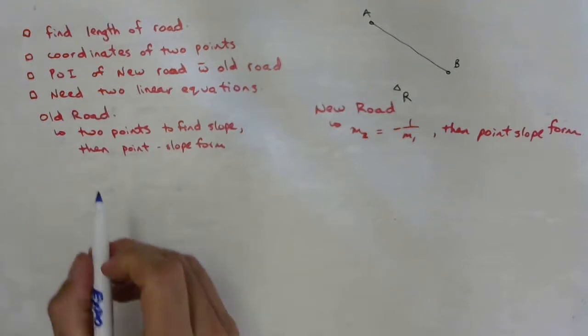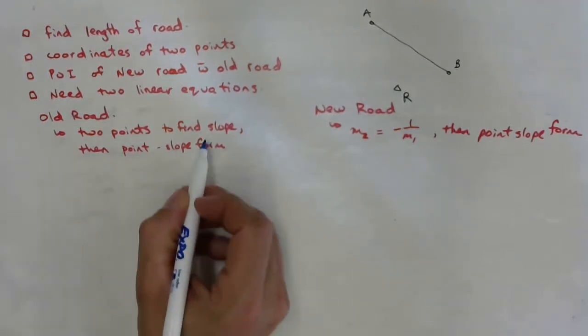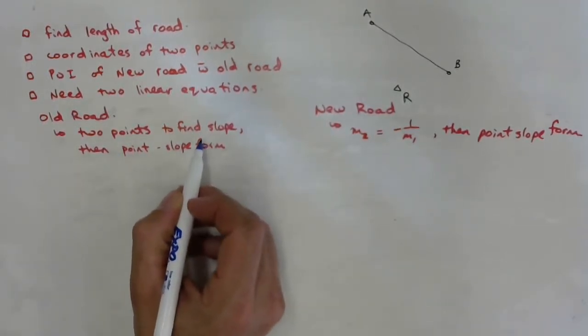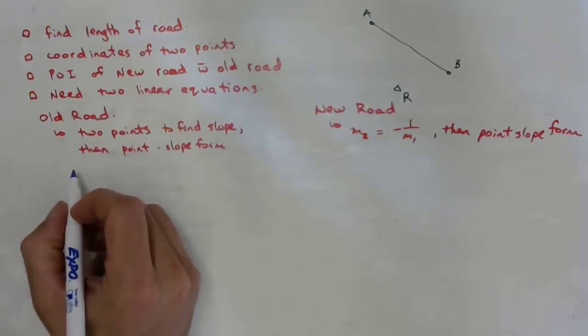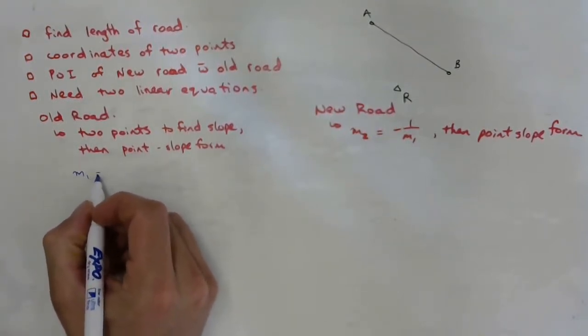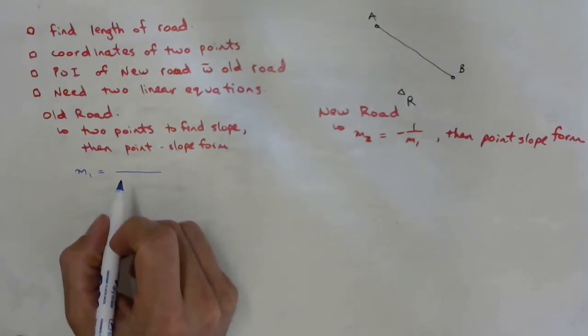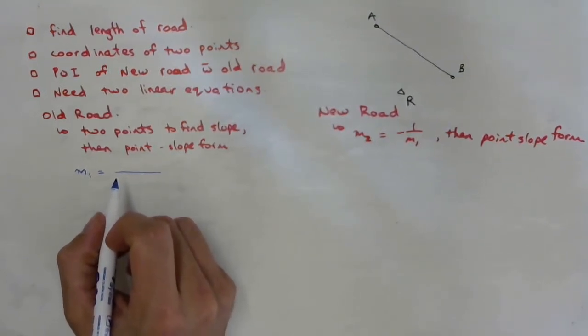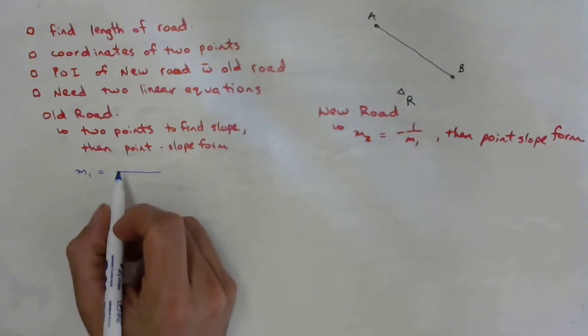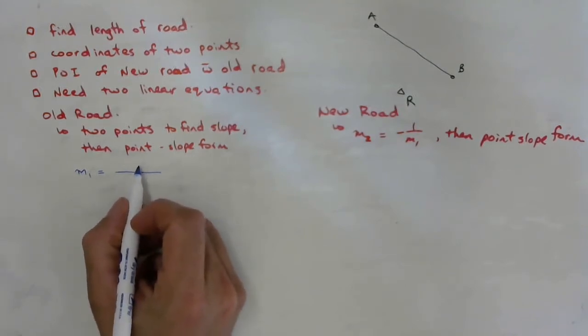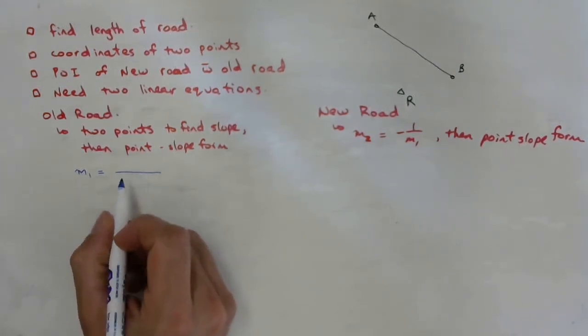So, step 1. From the old road, use the 2 points to find the slope. What are my 2 points? I've got M1 equals, draw my line. I'm not going to write my formulas each time just to save space, although you probably would. You'd write y2 minus y1 over x2 minus x1, but let's just carry on.